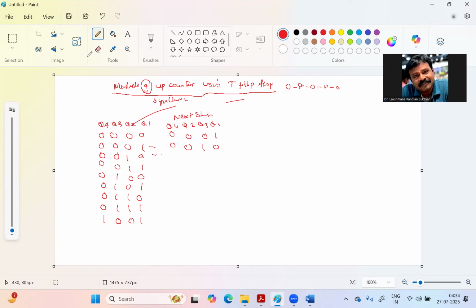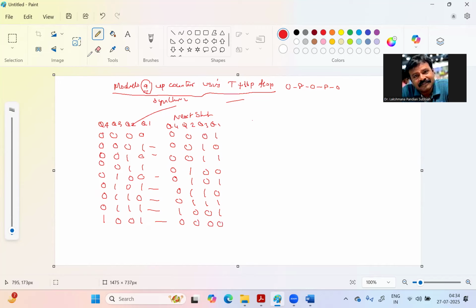From 2 we move to the next state 3, then 3 to 4, 4 to 5, 5 to 6, then 6 to 7, 7 to 8, then 8 back to 0.